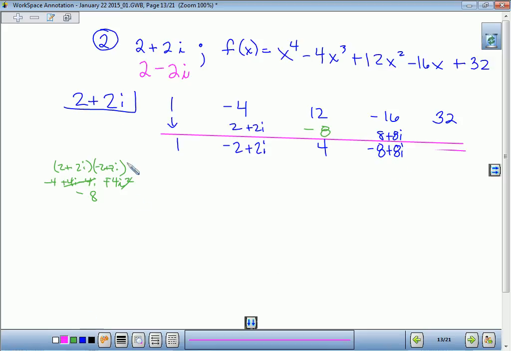Okay? Guys, I want you to multiply this times this. And let's see what we get. We know what we want to get. We want it to be negative 32. It's what we want. But actually do the math and make sure that's what you get.